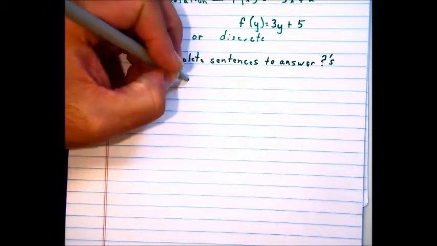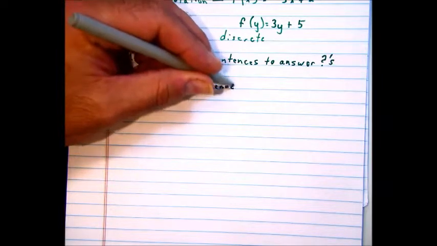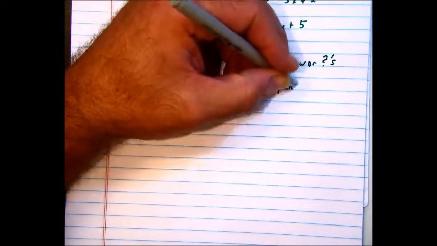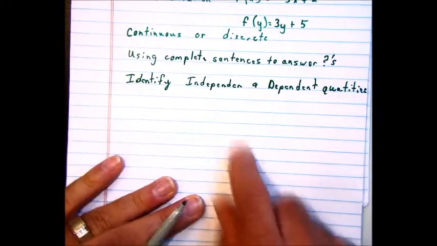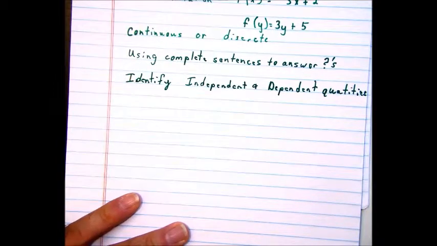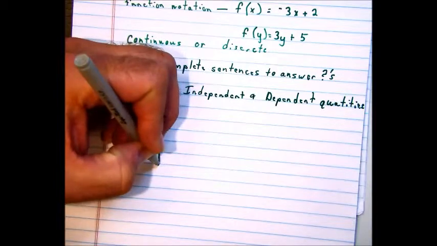Correct, you have to identify what the independent and the dependent quantities are. Okay? The independent and dependent quantities. Okay? And then you have to label your graph correctly.